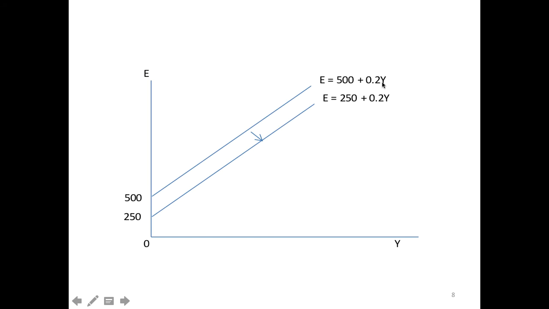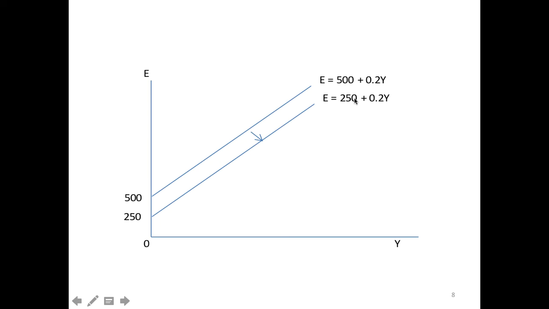If your income is 1,000 annually, multiplication of 0.2 by 1,000 gives you 200 plus 500, so your annual healthcare expenditure would be 700. Now, the question is asking, suppose that the fixed amount decreased to $250.